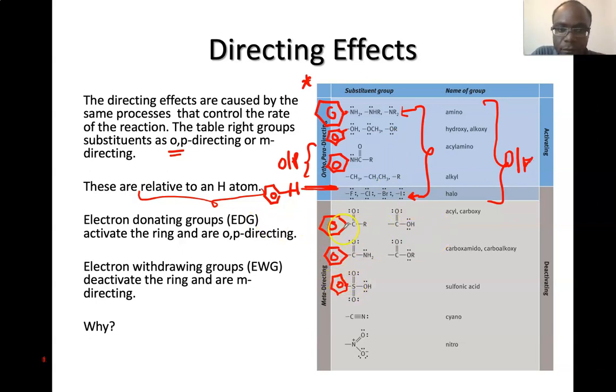Now, where you have electron withdrawing groups, like here, the carbonyl directly bonded to the ring, you expect electron withdrawal. Same thing with here, there's electron withdrawal. If you have a ring here, there is electron withdrawal, and in fact, in this case, it's going to happen by resonance. So you're withdrawing electrons from the ring. Nitro, the nitrogen has a plus sign.